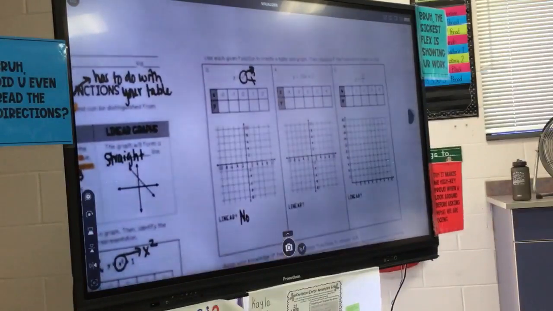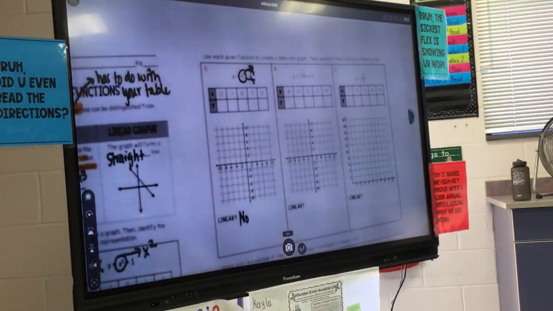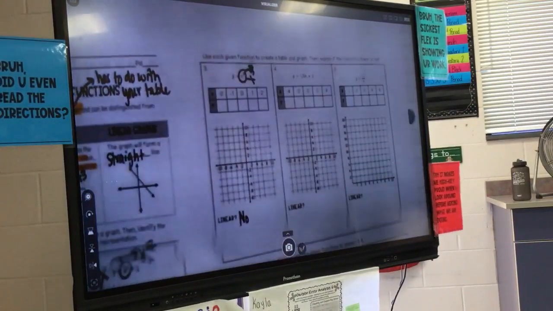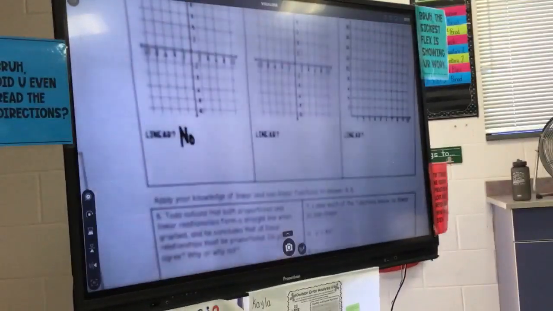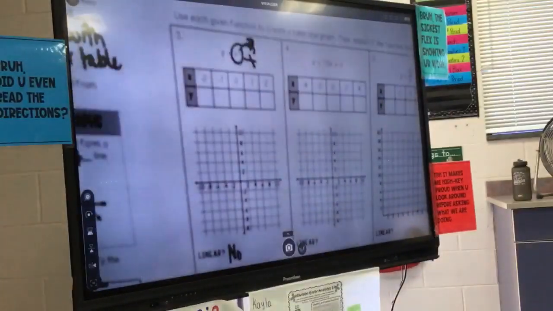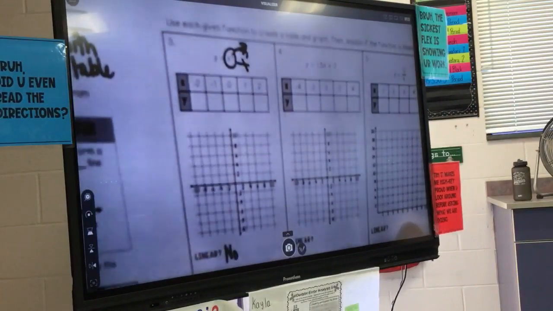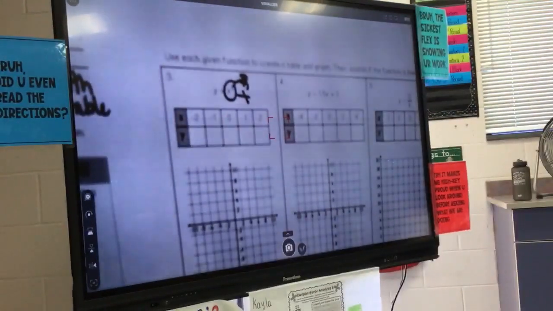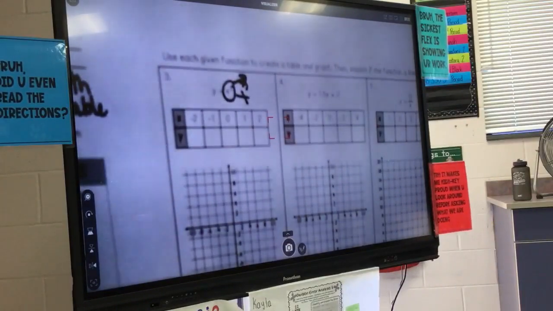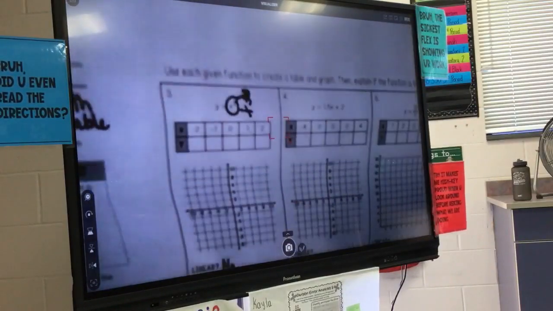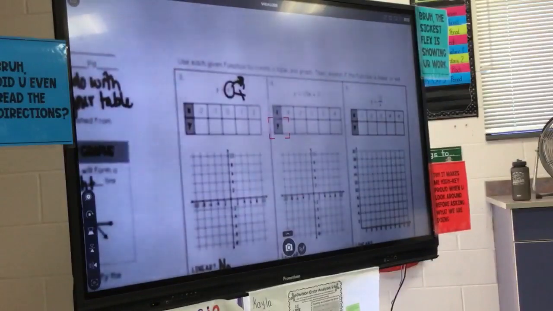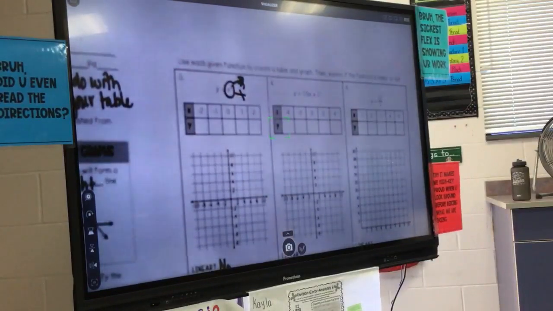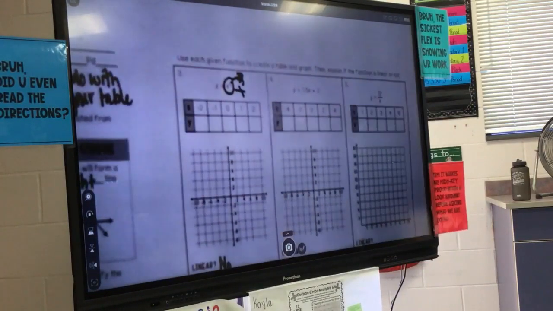It's not linear. We know it is not linear because it's to the 3rd power. So technically, we would be done. We're not going to be done. Because why? Because you have to practice.